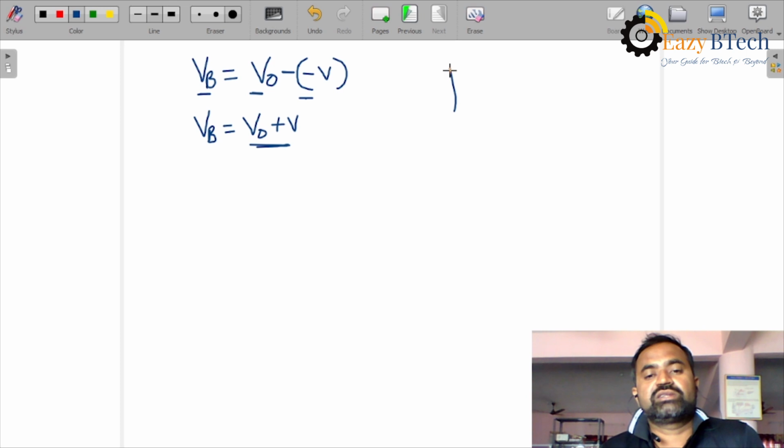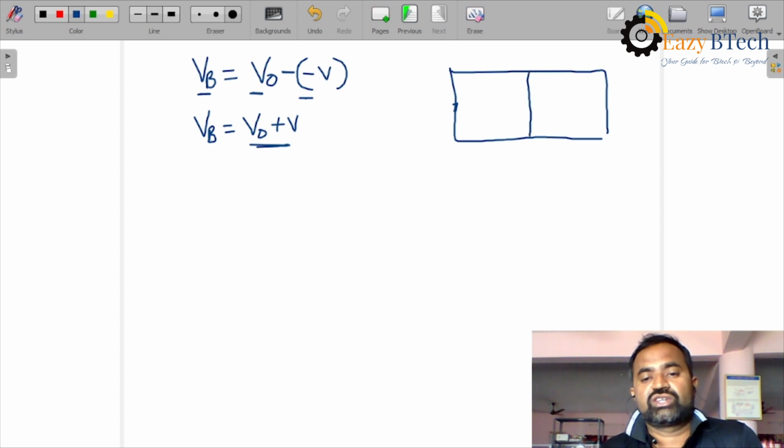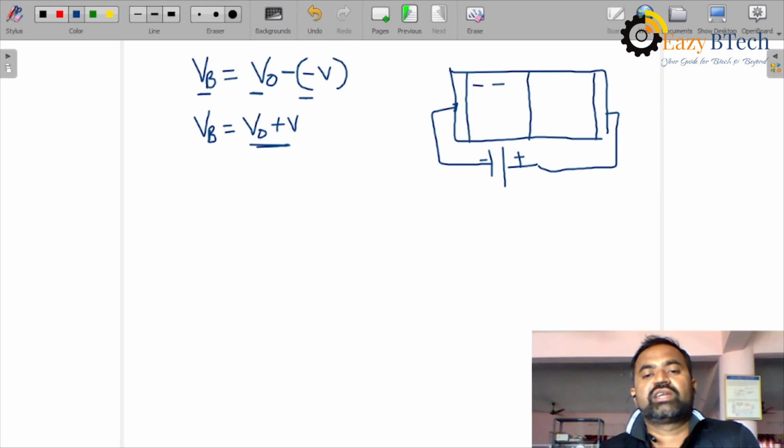Now this is a PN junction diode, and this is the junction. Due to the negative terminal, this width will increase. This all becomes negative charge and this becomes positive charge.